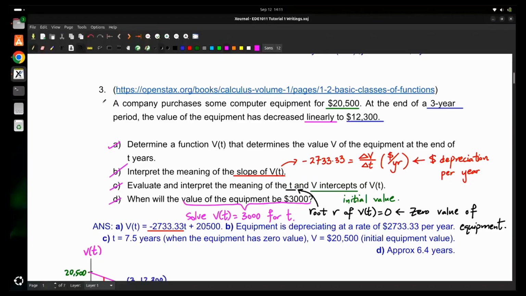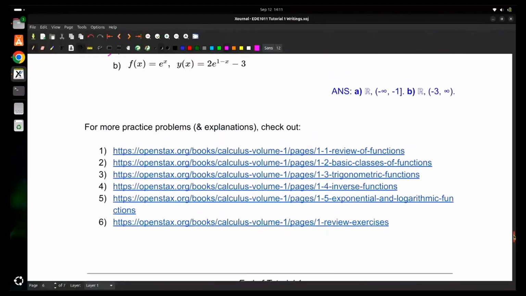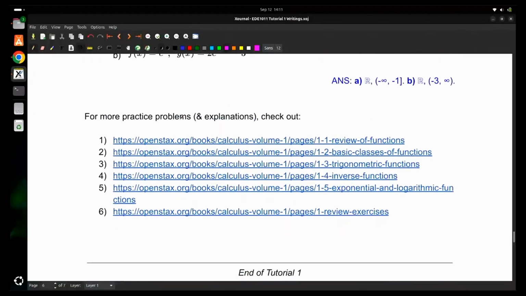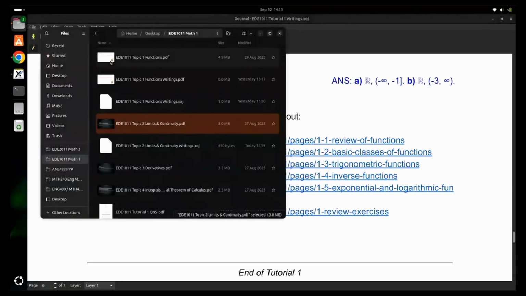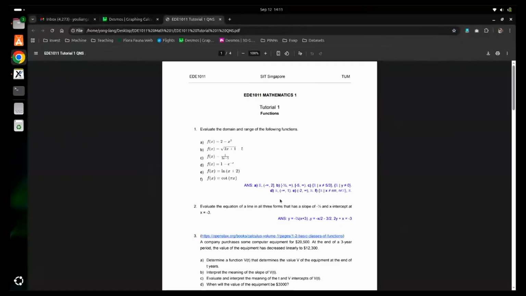This is a problem from this OpenStax resource, which is the part that is given right here. Almost every tutorial towards the end, you will get the links given from OpenStax, for example, that guides you to the various pages where you can find a lot more explanations and questions to practice on.